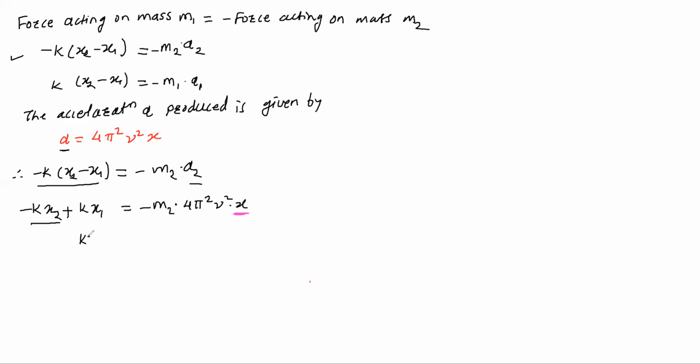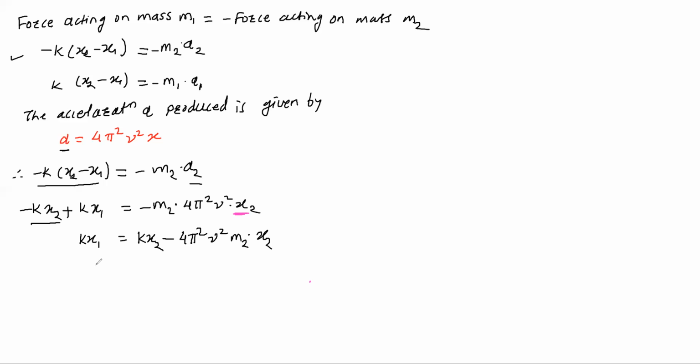So kx1 is equal to, this minus becomes plus, kx2 minus 4 pi square nu square m2 times x2, because a2 is here.